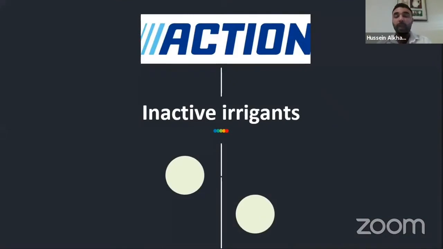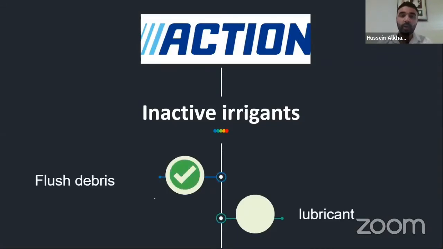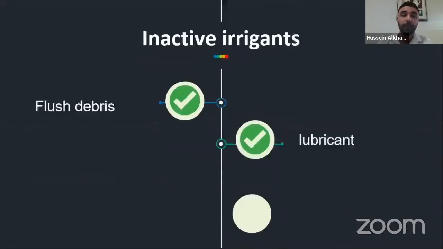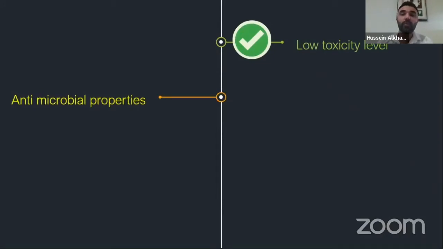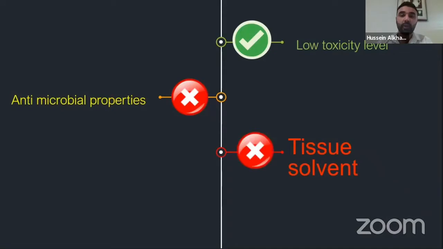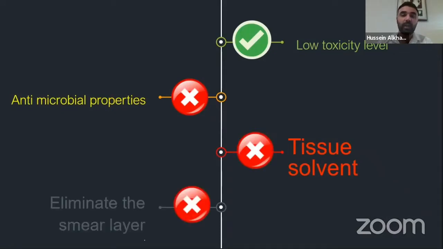Now, let's compare the properties of these agents with the ideal requirements of an irrigation solution. Flushing debris is good, lubrication action is good, they have a low toxicity level, and they don't possess antimicrobial properties or tissue-solving ability, and they fail to eliminate the smear layer.